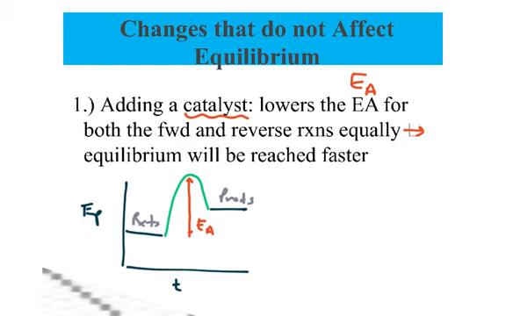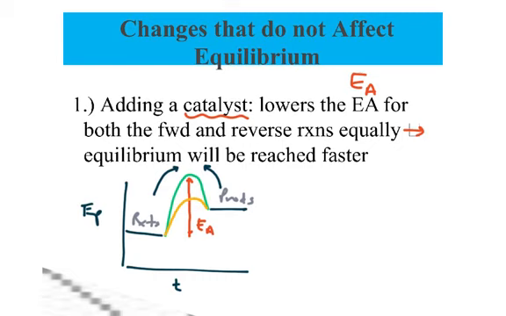So in an equilibrium reaction, remember that everything goes in 2 directions. The reactants want to go over the hill to become products. Products want to go over the hill to become reactants. If I add a catalyst, what I'm doing is I'm lowering that hill. So reactants and products are both getting an advantage.